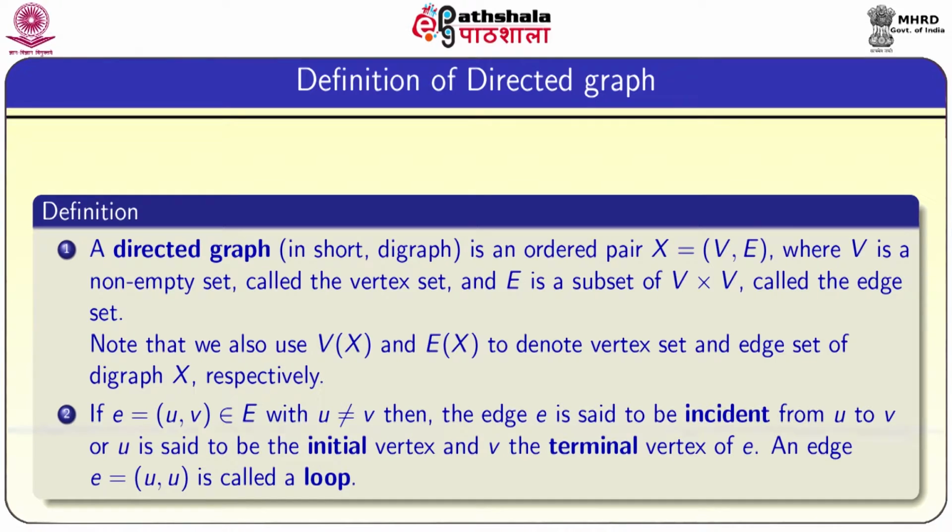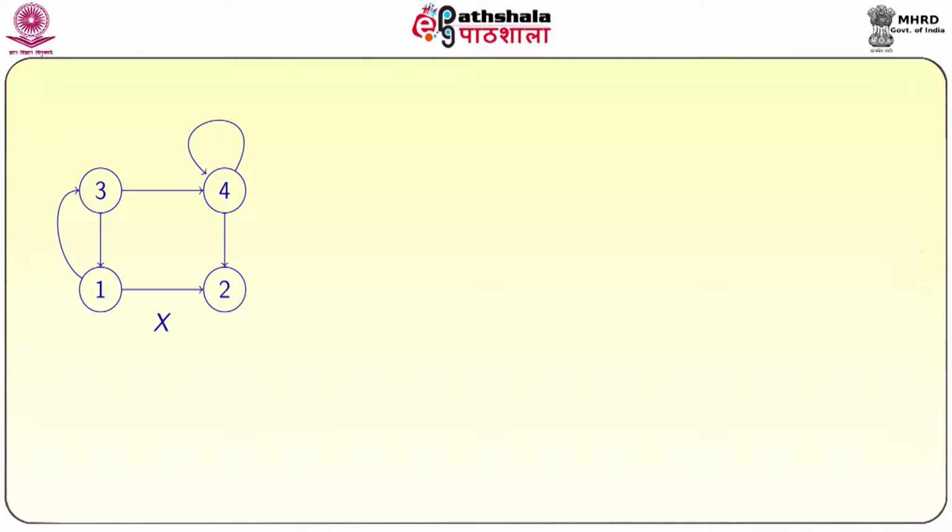If e = (u, v) belongs to E with u not equal to v, then the edge e is said to be incident from u to v, or u is said to be the initial vertex and v is the terminal vertex of e.